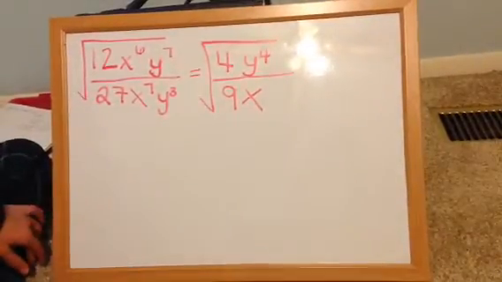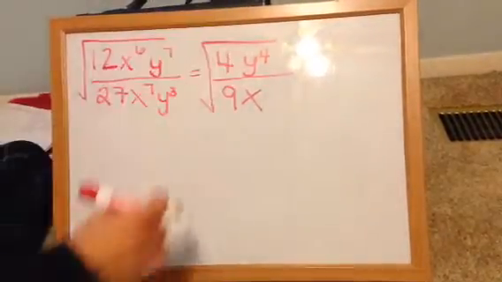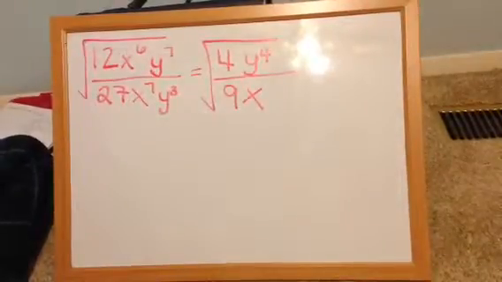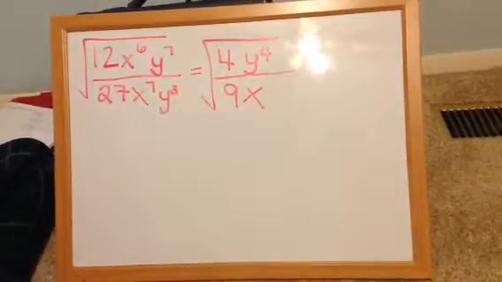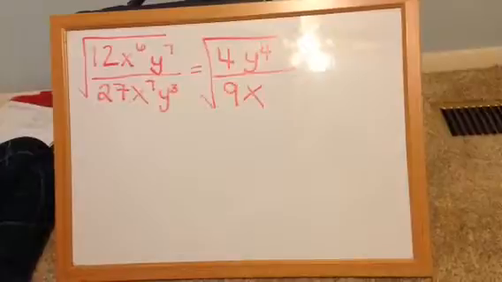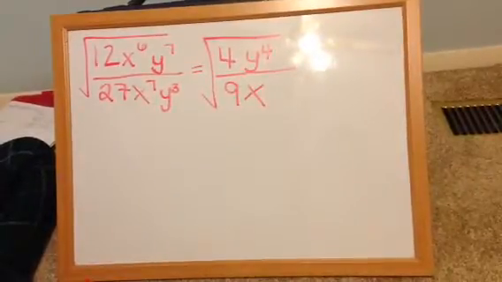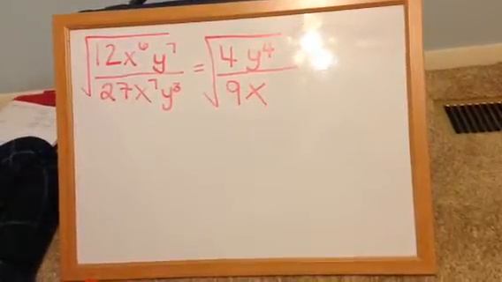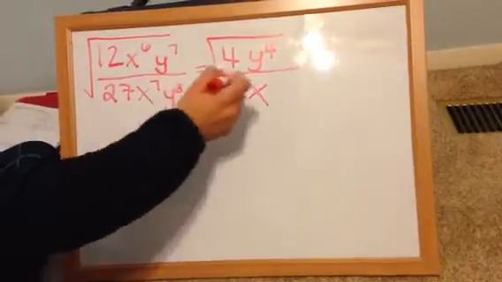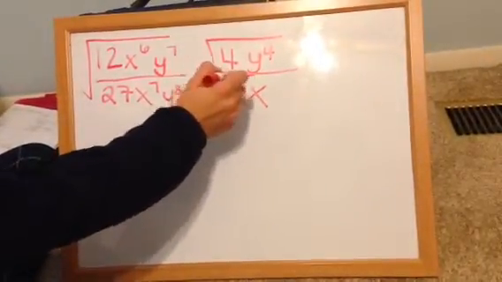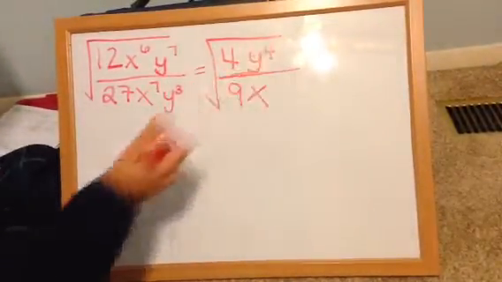So next thing I'm going to do is notice that I'm working with a square root. So I want to take out things that are perfect squares. Well, it looks like our fraction, once it was simplified, is actually a perfect square now. Our number part, they're both perfect squares.